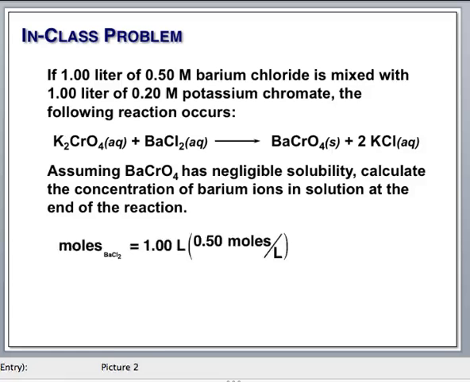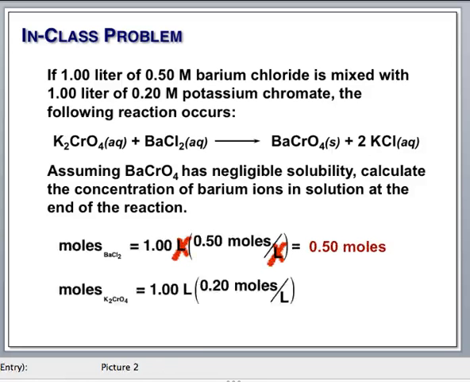All right, for barium chloride, we have 1 liter at 0.5 moles per liter, or half a mole. For potassium chromate, we have 1 liter at 0.2 moles per liter, or 0.2 moles.